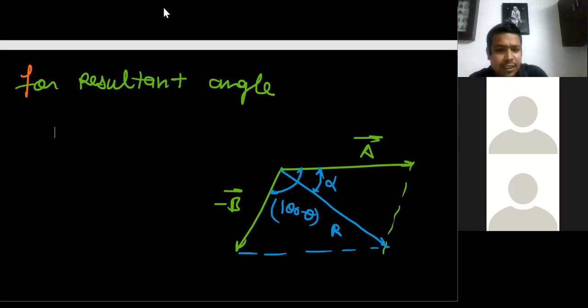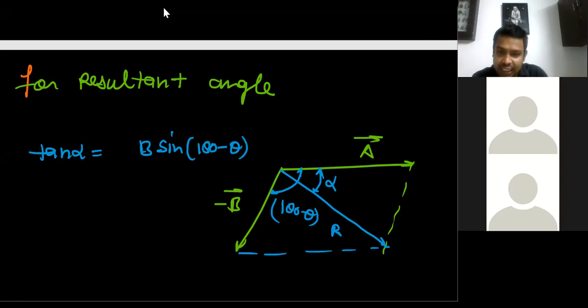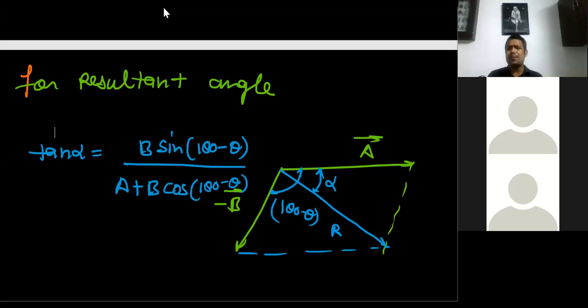So my dear friends, tan alpha is equal to B sine 180 minus theta upon A plus B cos 180 minus theta. Similarly, use the parallelogram method.